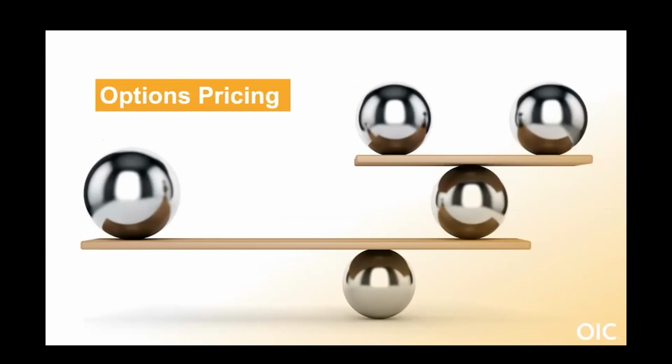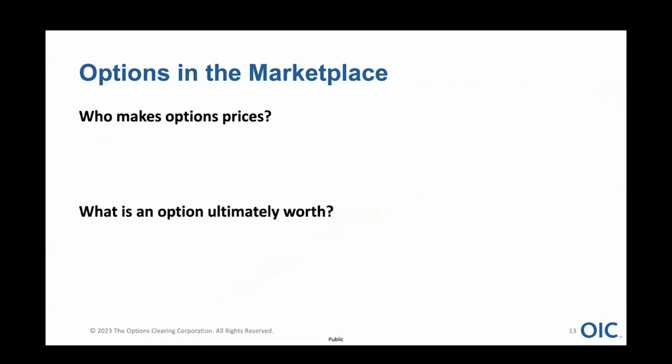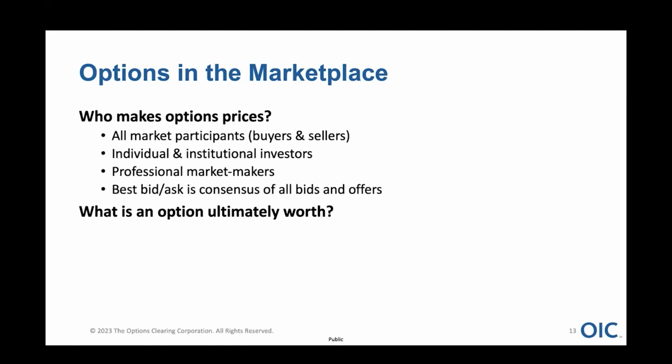All right, so now let's get into options pricing. When you pull up an options screen on your broker's platform, you see your options chain. You look at all these bids and offers and flashing colors and lights, and you ask yourself, well, who makes these option prices? The prices that you see at any given time are the collective market of the bids and offers of anybody participating in that market at that time.